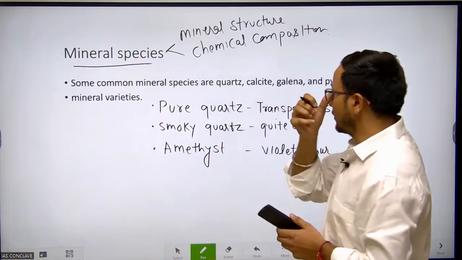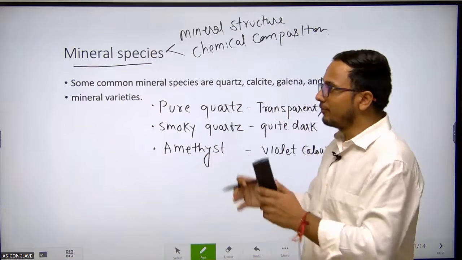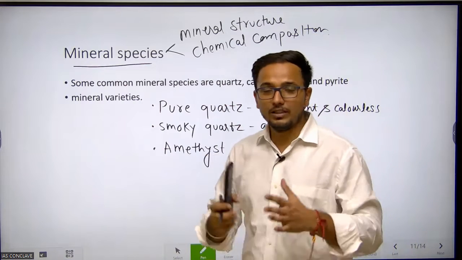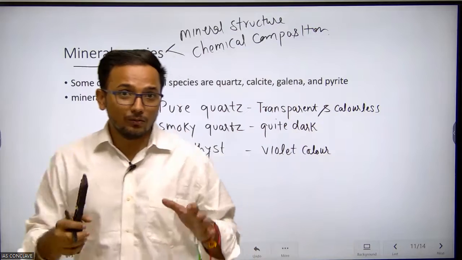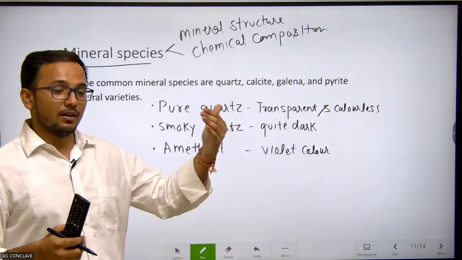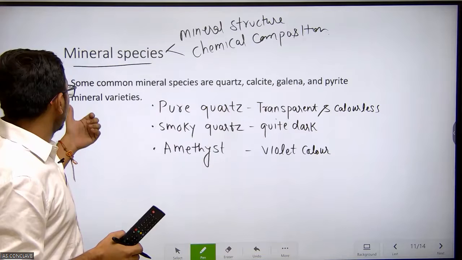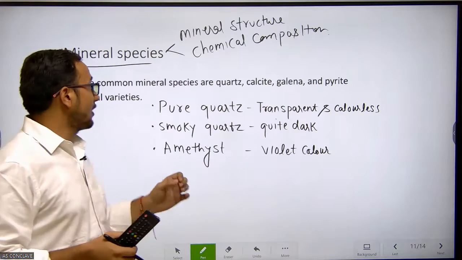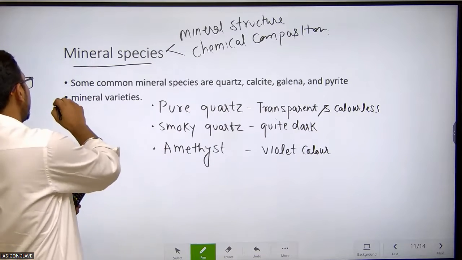Some common mineral species are quartz, calcite, galena, and pyrite. Just as we classify animals or plants, and within an animal species there are variations, within a mineral species there is also variation in the minerals. We call that mineral varieties.